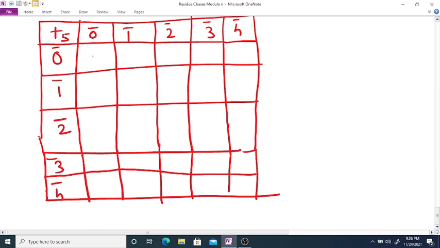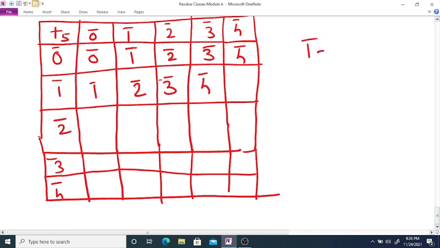So 0 bar plus 0 bar is 0 bar, 0 bar plus 1 bar is equal to 1 bar, 0 bar plus 2 bar is 2 bar, 0 bar plus 3 bar is 3 bar, 0 bar plus 4 bar is 4 bar, 1 bar plus 0 bar is 1 bar, 1 bar plus 1 bar is 2 bar, 1 bar plus 2 bar is 3 bar, 1 bar plus 3 bar is 4 bar.